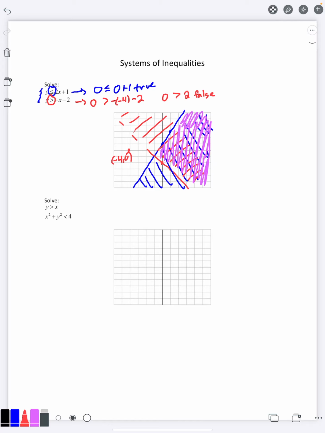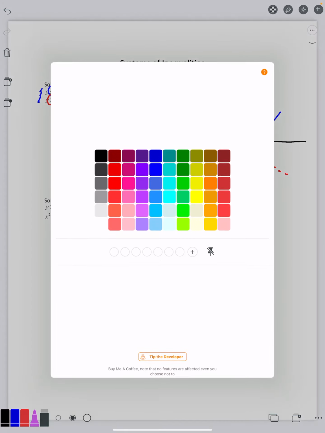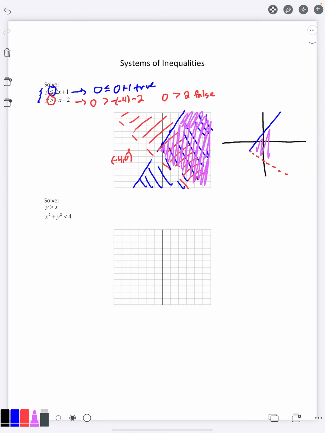This will indicate that the points that are actually on the edge don't satisfy the inequality. So if I wanted to write out my final answer in a nicer fashion, I would have something like the following. The blue line was solid, the red line was dashed, and this purple part here was the actual answer to the problem. So that right there would be the final solution that I'd be looking for.